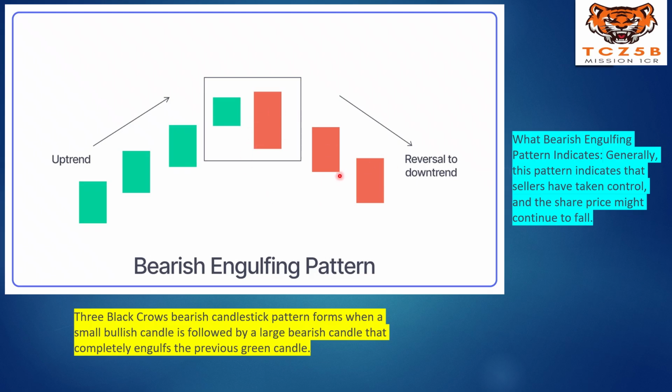It indicates that sellers have taken control and the share price might continue to fall. You can see after this bearish engulfing pattern formation, the share price continues to fall.